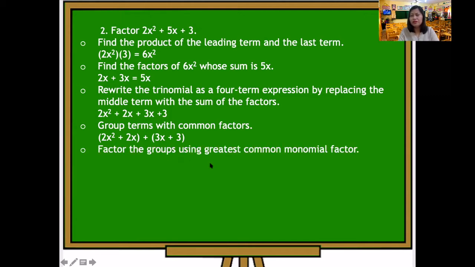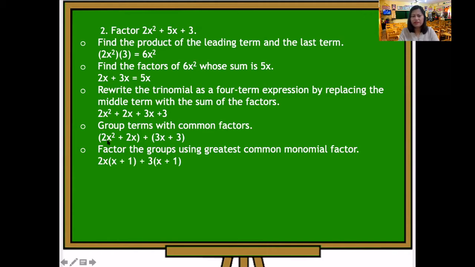Factor the groups using greatest common monomial factor. For the first group, the greatest common monomial factor is 2x. For the second group, the greatest common factor is 3.